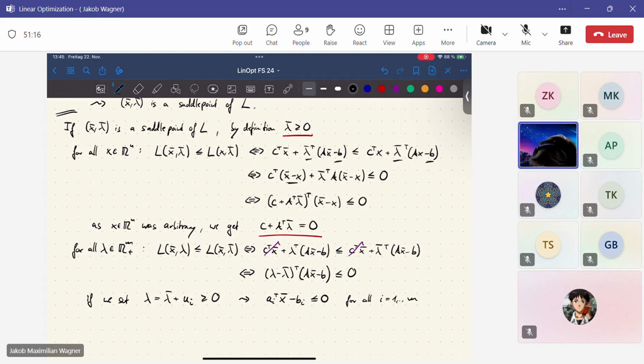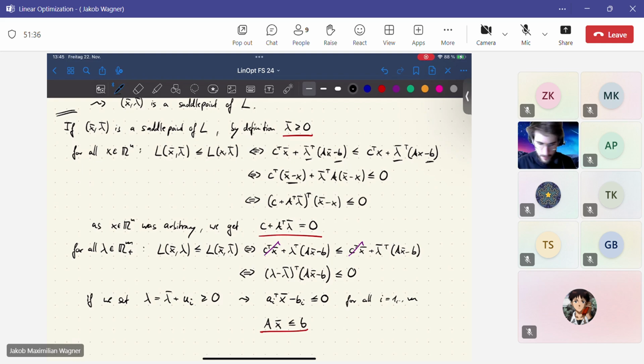And so again, in vectorial notation, we have that A x bar minus b is less or equal than 0, or A x bar is less or equal than b. So we have found another KKT condition, which is just feasibility of x.